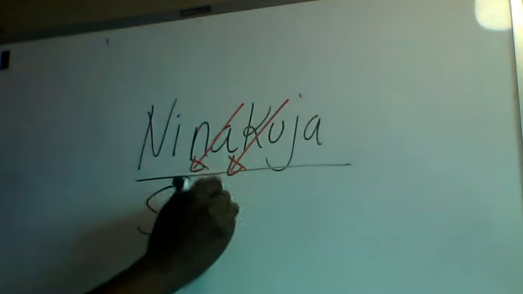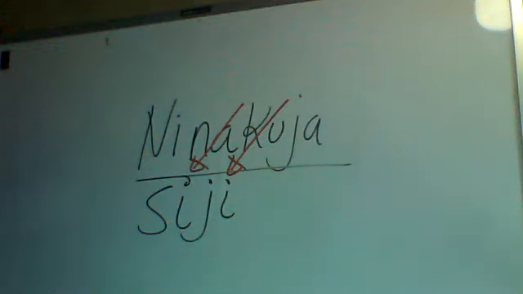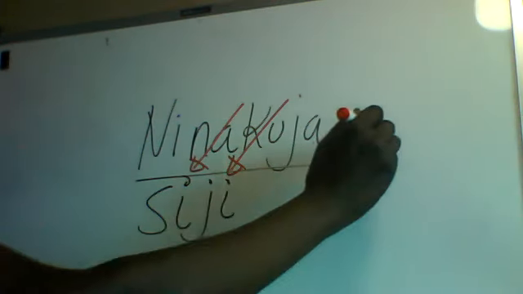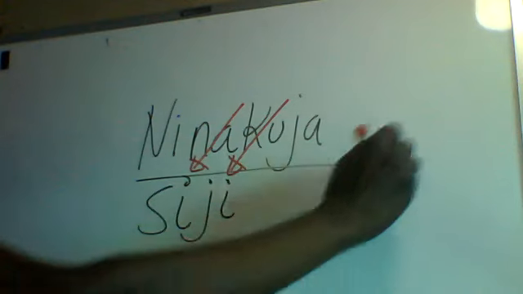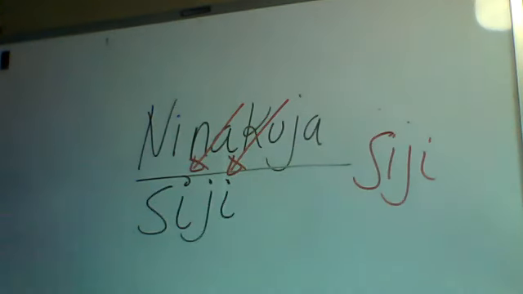So this becomes siji. To say I'm not coming, you say siji. Instead of saying sikuji, which is not correct, you say siji.